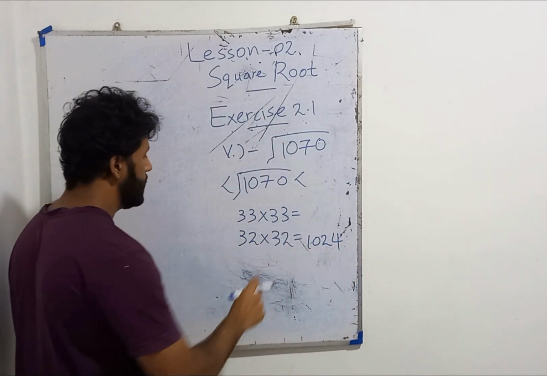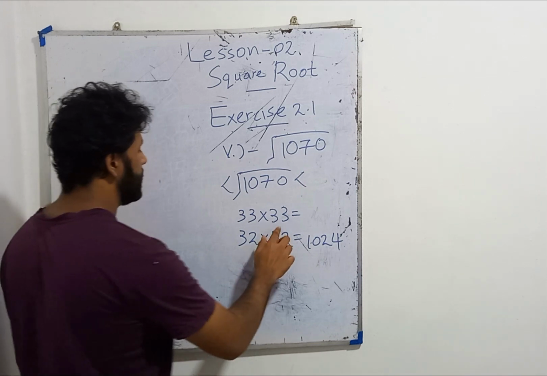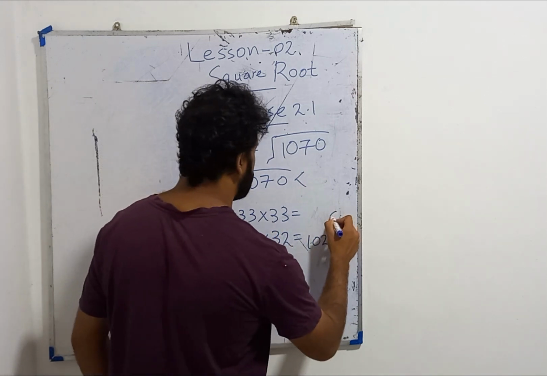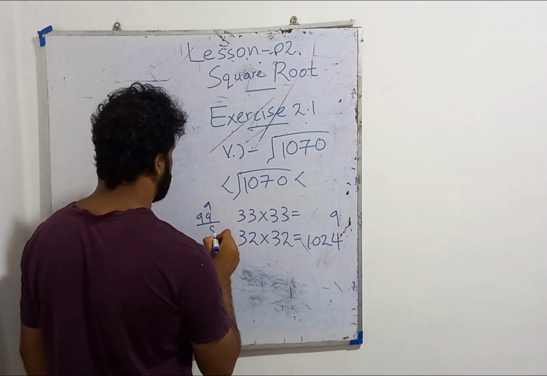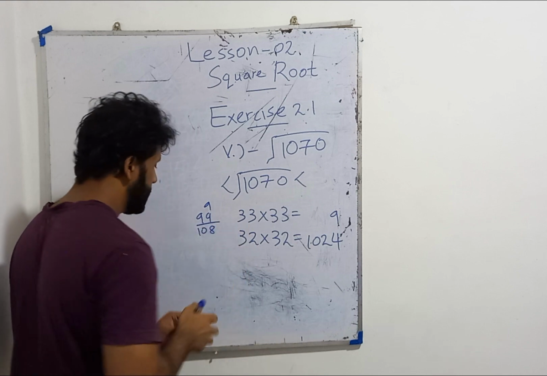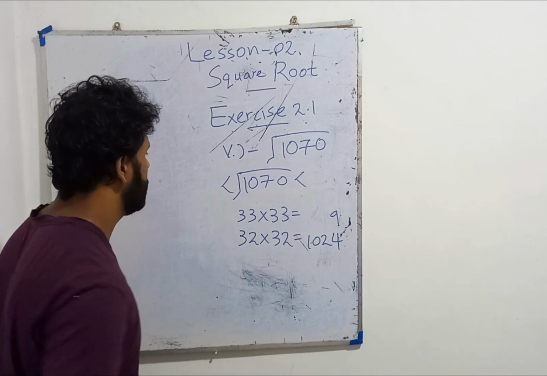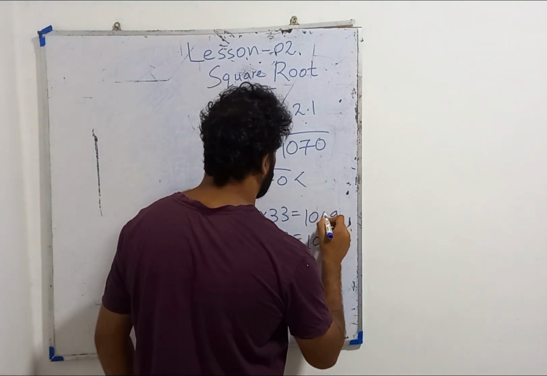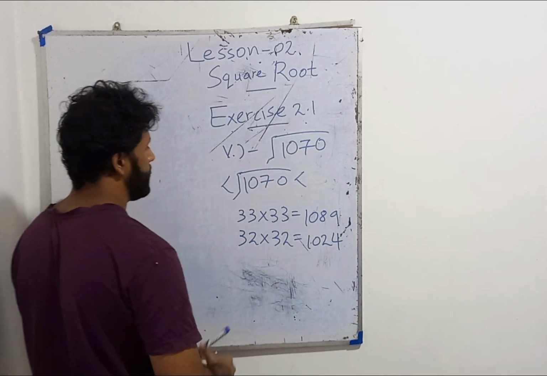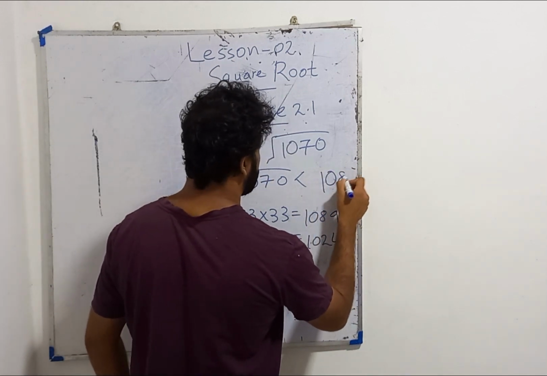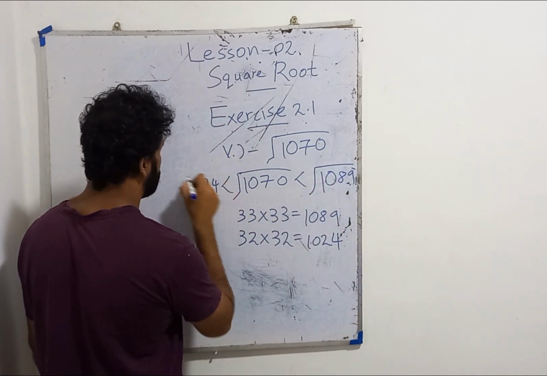This is going to be 1089. 33 times 3 is 99, then 33 times 9 again 99. Yes, I'm correct. Now you can see it's in between 1089 and 1024.